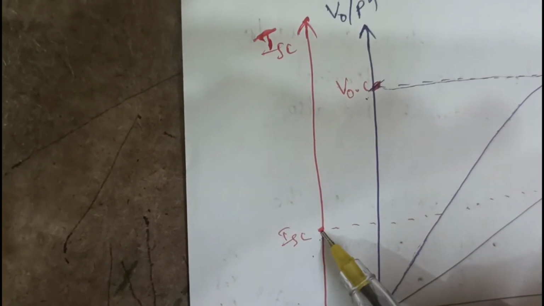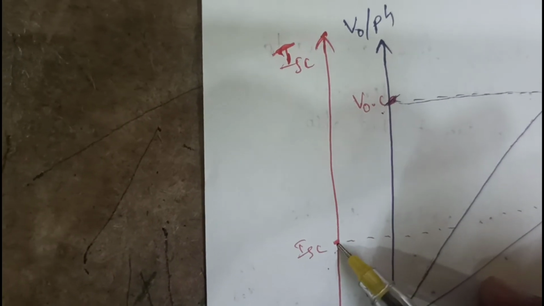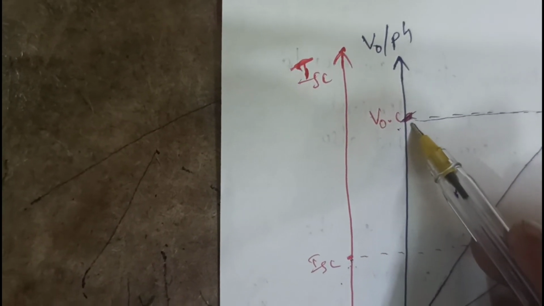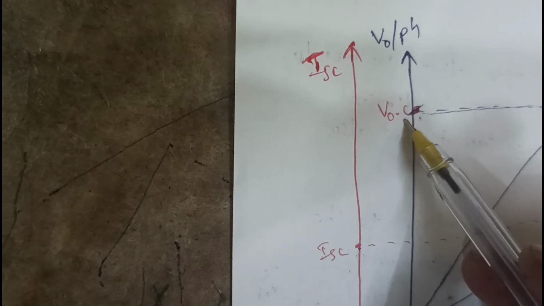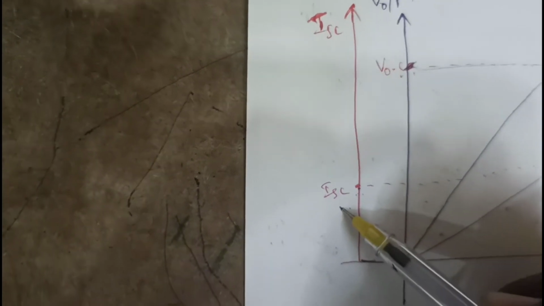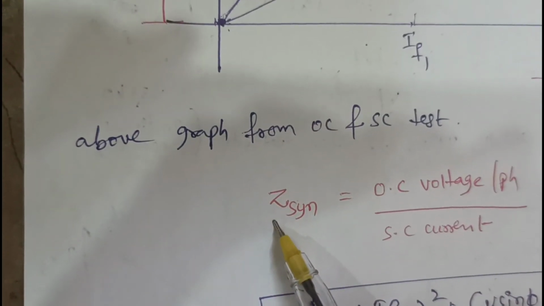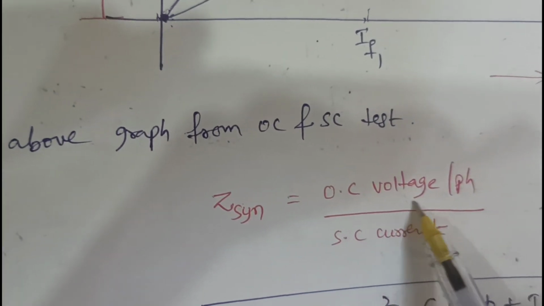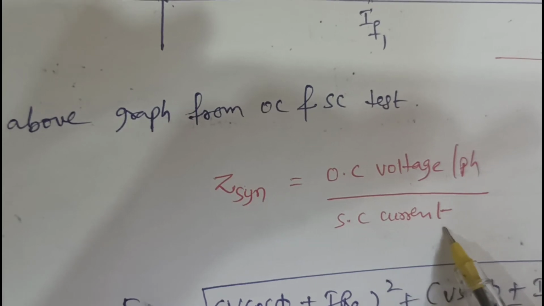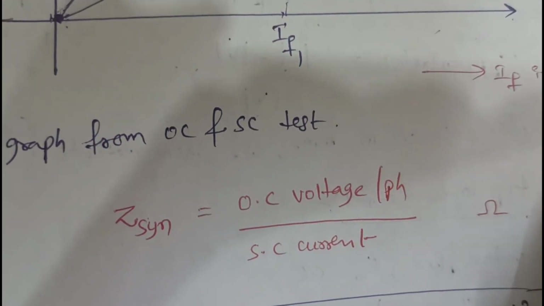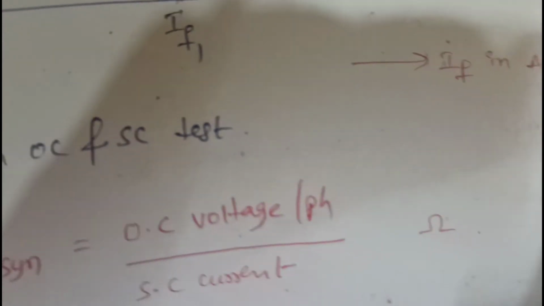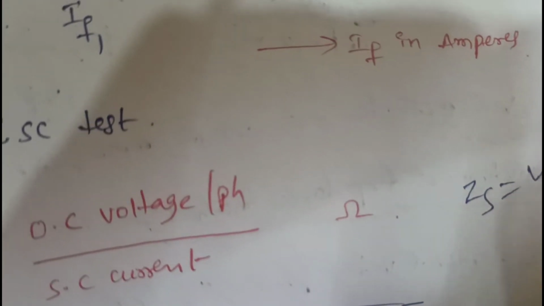So this is the short circuit current, and this is the open circuit voltage. From this voltage and short circuit current, you get the synchronous impedance. The formula for synchronous impedance is open circuit voltage per phase divided by short circuit current. So finally you get the synchronous impedance.